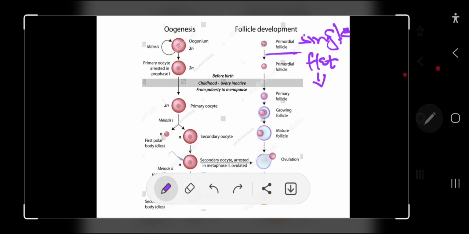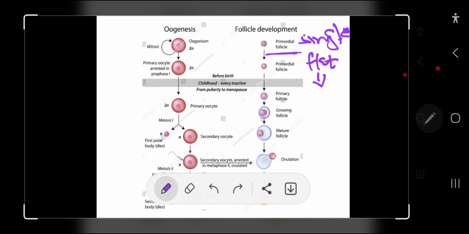At the tertiary or antral follicle stage, an antral cavity develops, filled with follicular fluid. This antral follicle depends on FSH for its growth to produce the dominant pre-ovulatory follicle, one dominant and the rest will be atretic.